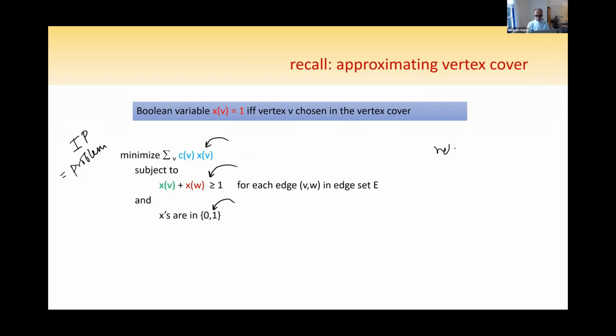We had the relax and round paradigm. We relax it. We say, well, let's say the X_v are between 0 and 1. This is the relaxation. So I get an LP whose cost is at most the IP because I'm minimizing.